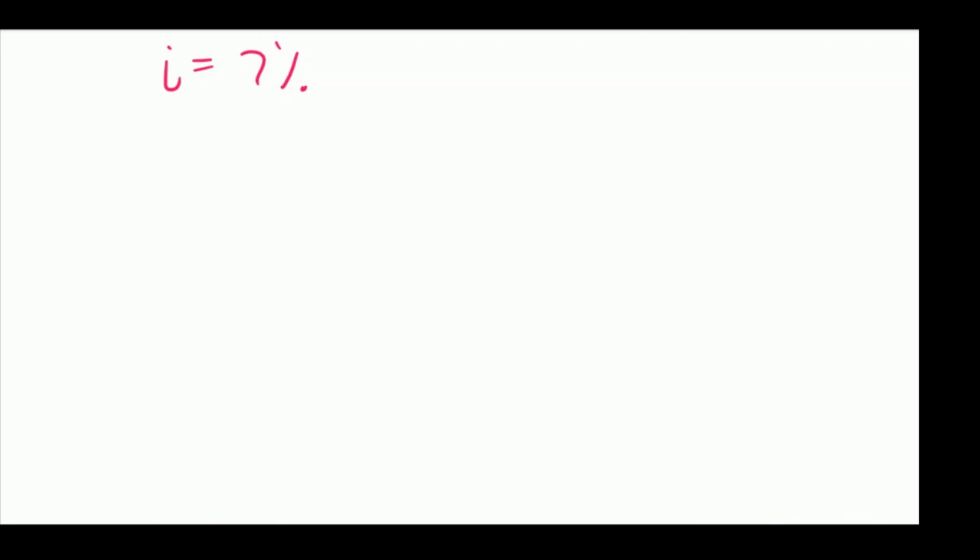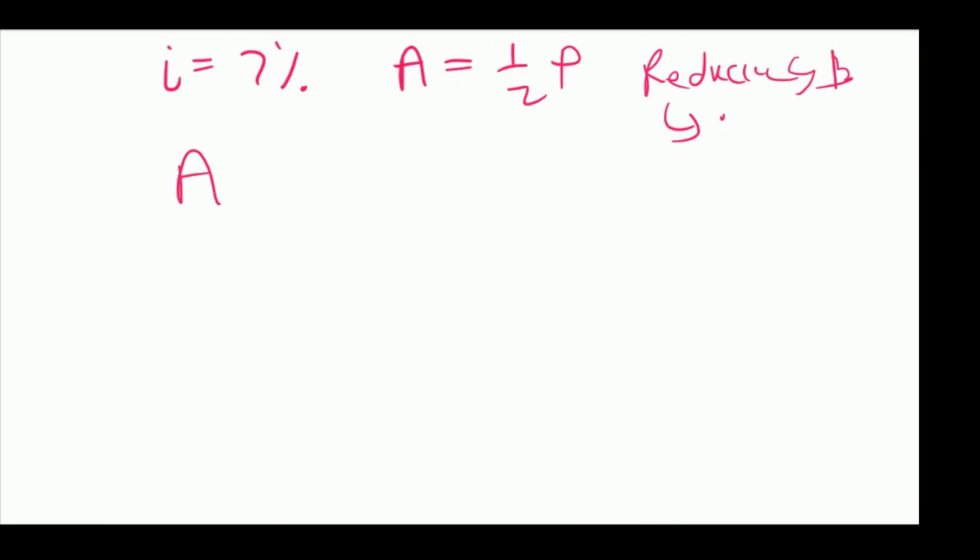Another thing we need to note is that they say the A is going to be half its previous price. So we're going to use our compound interest formula. Why? Because this is a reducing balance. Reducing balance is the decay compound formula. So we're going to say A equals P into 1 minus i.